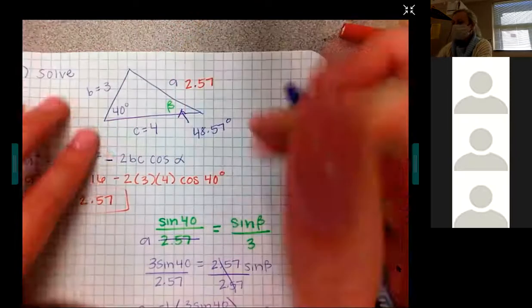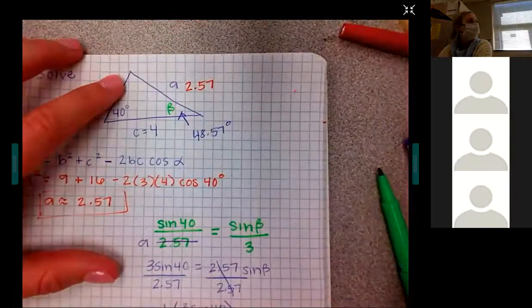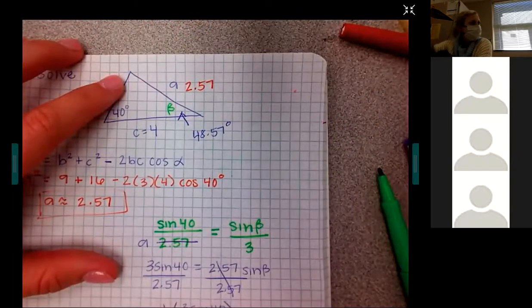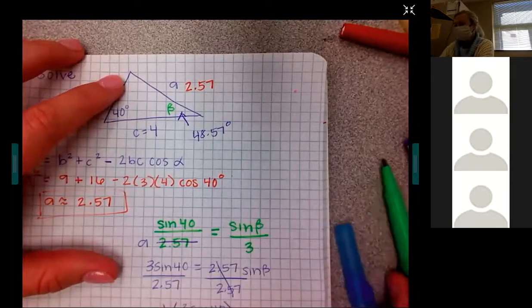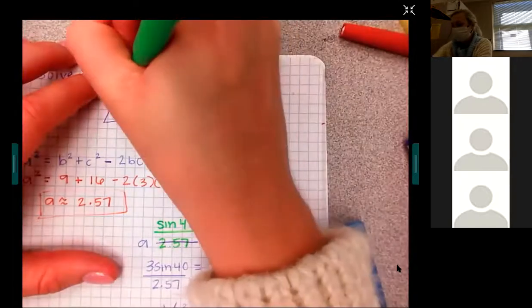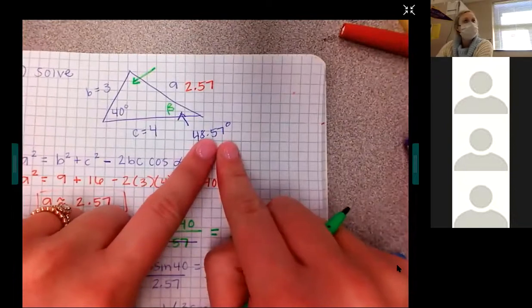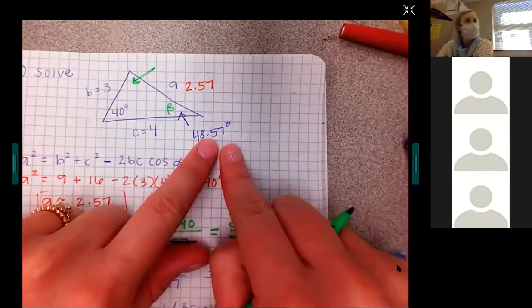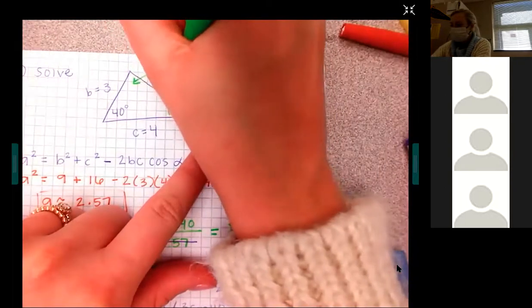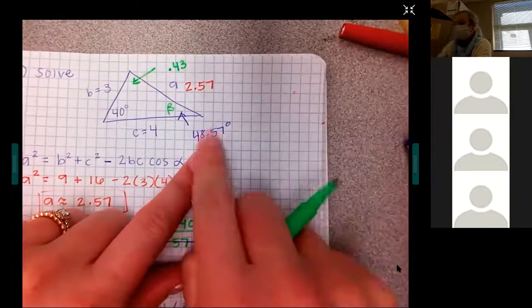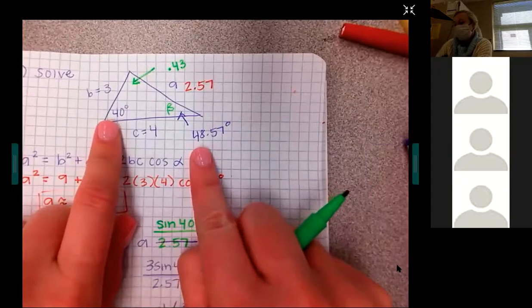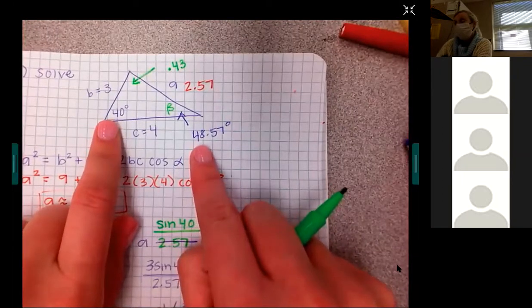So how would we find this last angle? Subtract it from 180. Perfect. Don't type that in a calculator. 57 cents. That means you need 43 more to make $1, right? Okay, so we know this one should be 0.43. And then let's see. 48 and 40 would make 88.